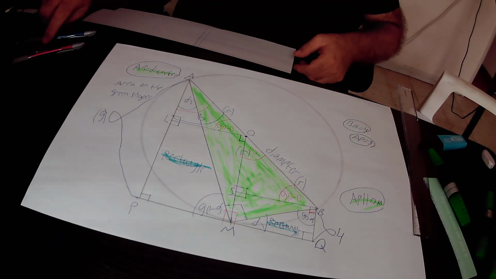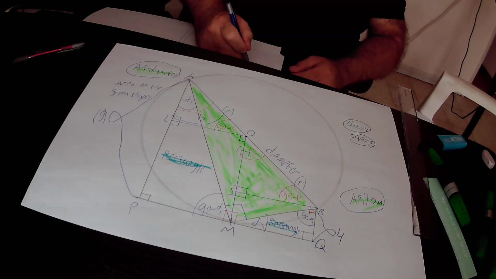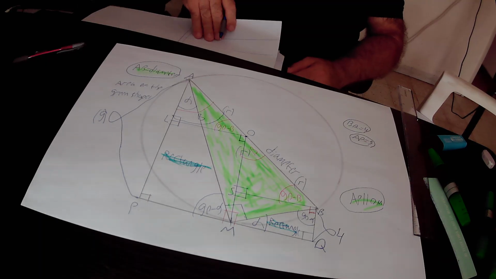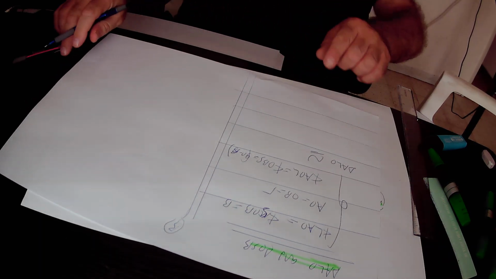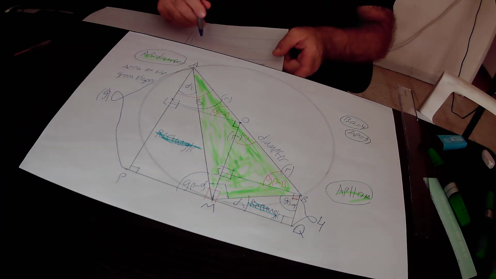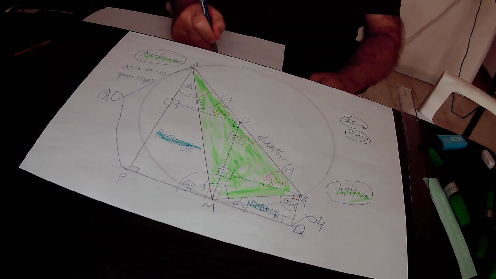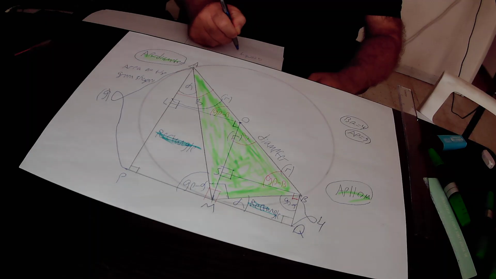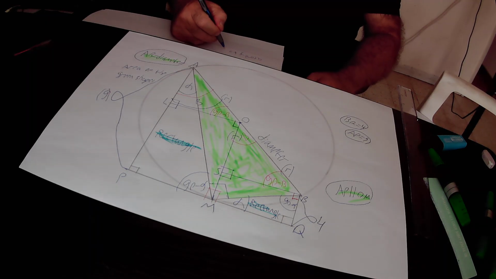So, write it down. We found out that the right triangle ALO is congruent to the right triangle OSB according to the angle side angle rule.